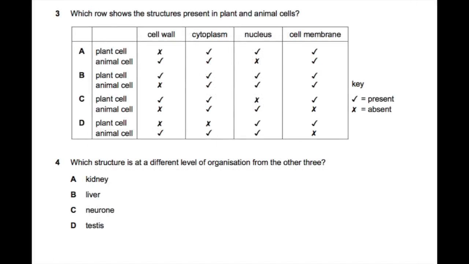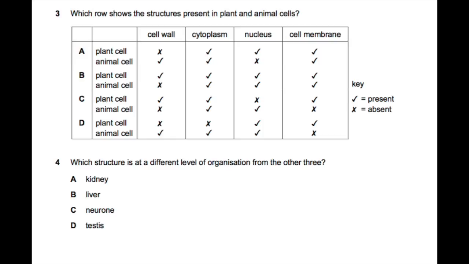Question 3. Which row shows the structures present in plant and animal cells? This is not a tricky question and you must know how to do it. Why? Because it is one of the first chapters in biology, basically the basic chapter, plant cells and animal cells.